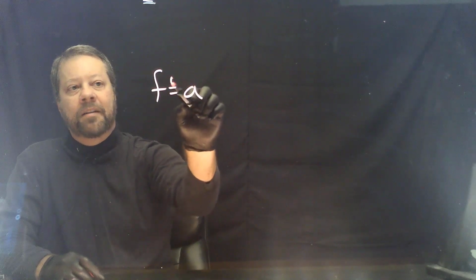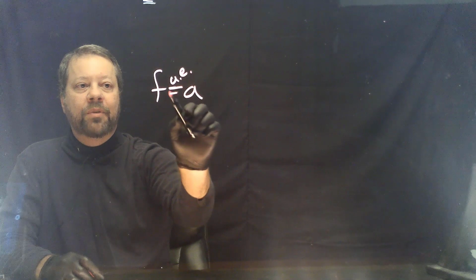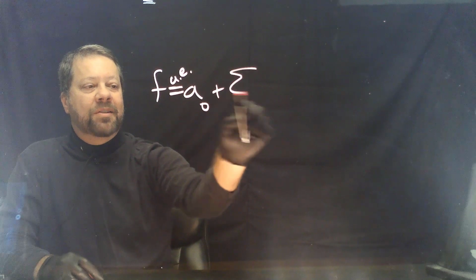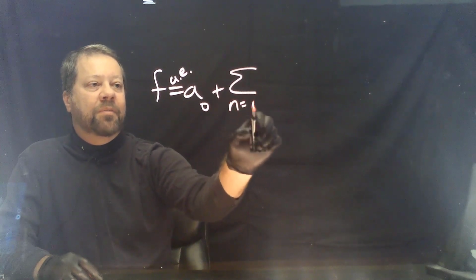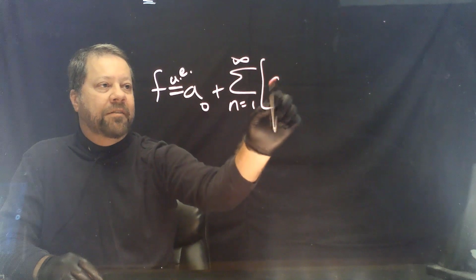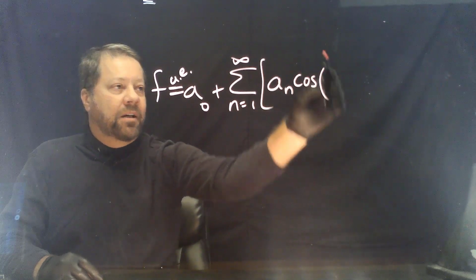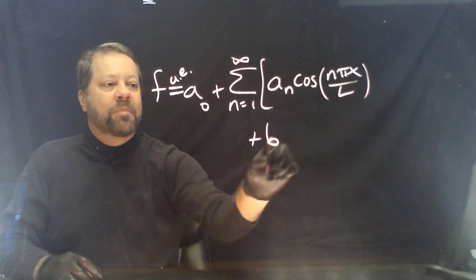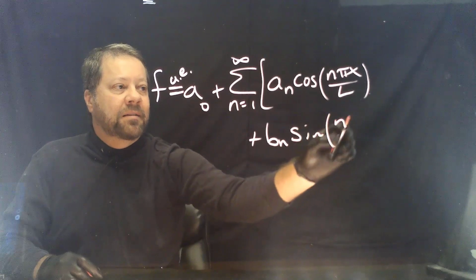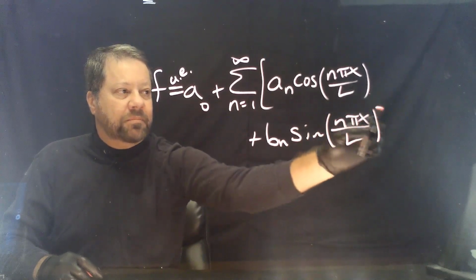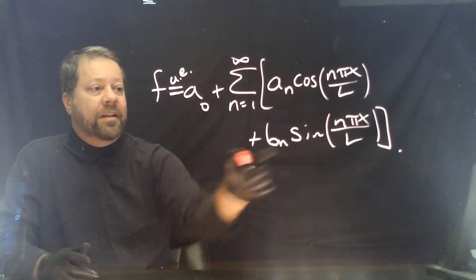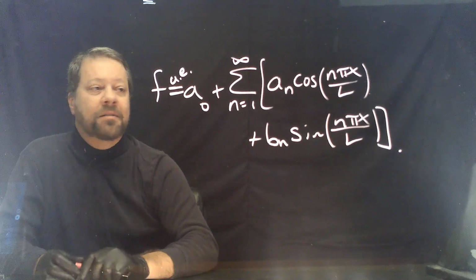In this case, f is, in the sense of almost everywhere equal to, which means everywhere except on a set of measure 0, a naught plus the sum as n goes from 1 to infinity of an cosine of n pi x over L plus bn sine n pi x over L. So f has a representation as a sum of these sinusoidal functions plus a constant.